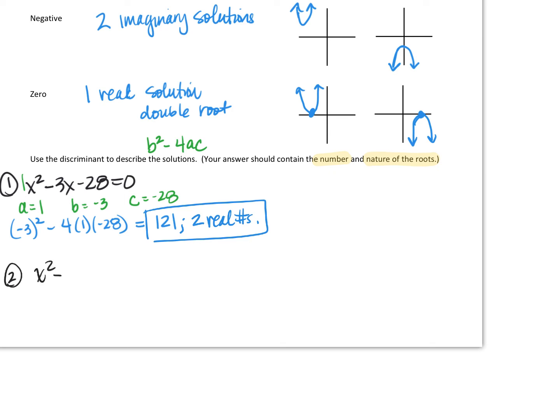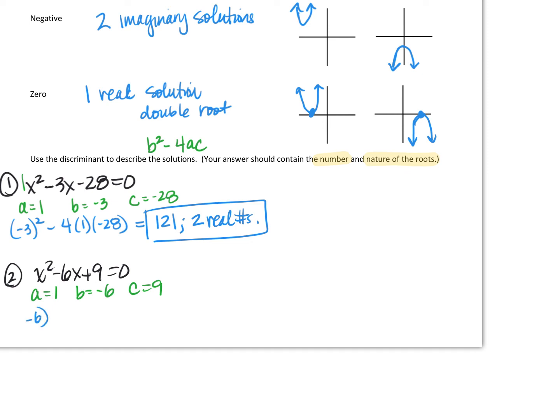X squared minus 6x plus 9 equals 0. So let's figure out our values. A is 1, B is negative 6, C is 9. So let's plug that into the discriminant.